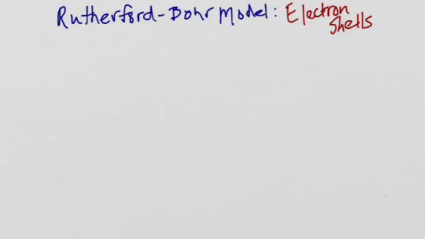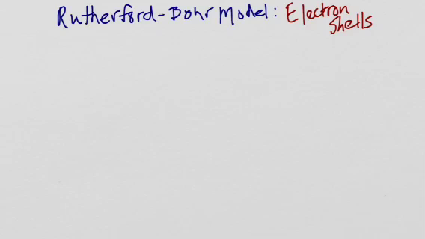Niels Bohr, on the other hand, was very interested in the concept of where these electrons go. He noticed that there was an actual pattern to where electrons should be within an atom, and he is the one who comes up with the idea of electron shells or orbits.